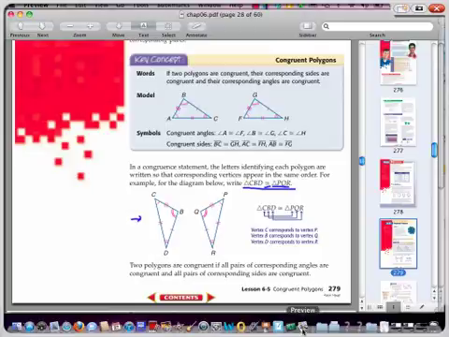So what they're saying is that C matches up with P because they're both the first one listed, and B matches up with Q, and then of course D matches up with R. So it is very important how you write these triangles. You need to put them in such an order that the angles correspond with the other congruent angle that it goes with. So they have to match up in that same particular order.